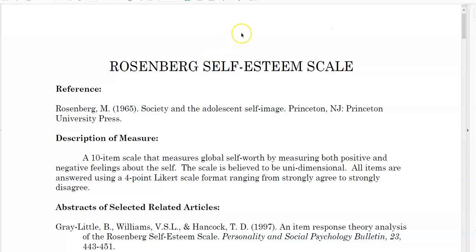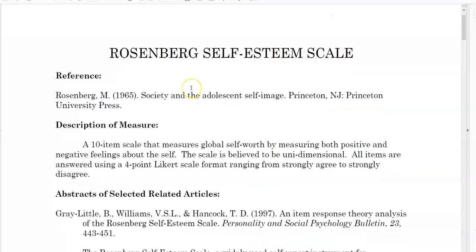So this is a document that I got from the internet, and many of the scale documents you will find on the internet look like this. Although I must say this one is already very simple and very easily constructed.